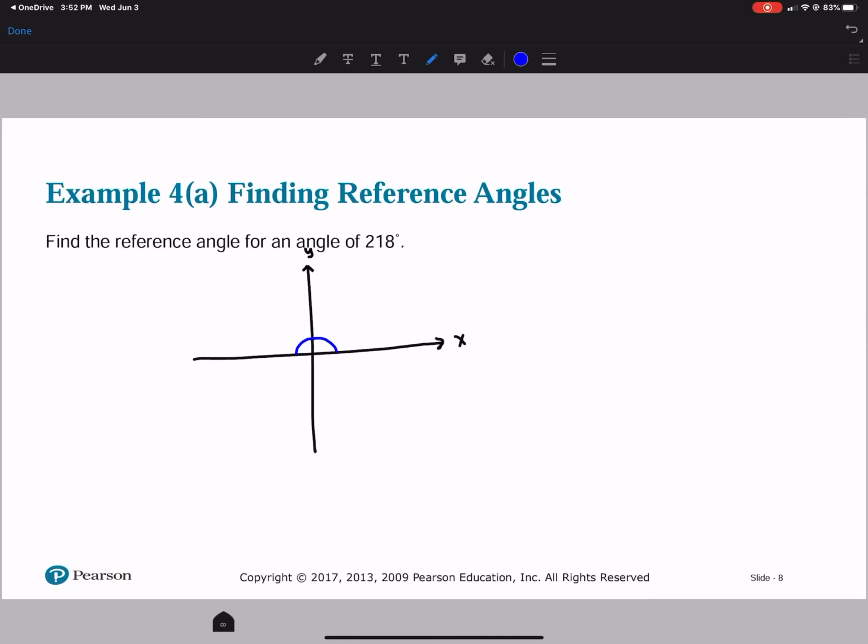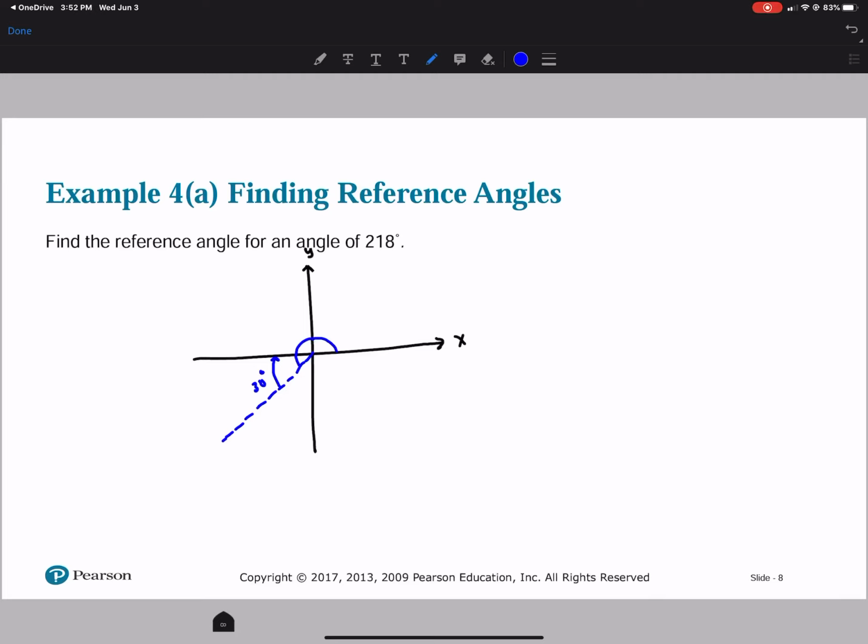Now I need to go how many more? 30 more. So the angle from here to here would be 30 degrees. So my reference angle would be 30 degrees.